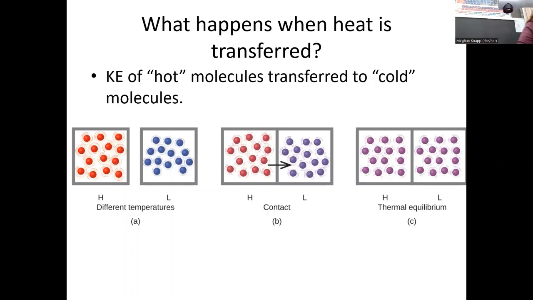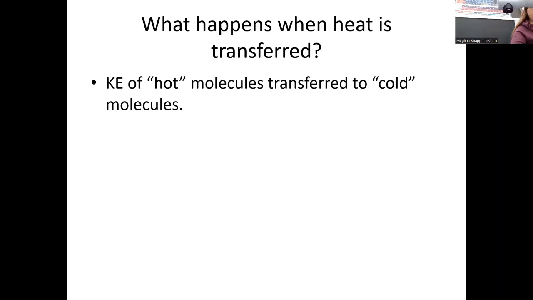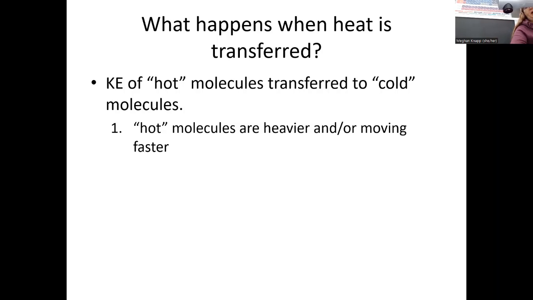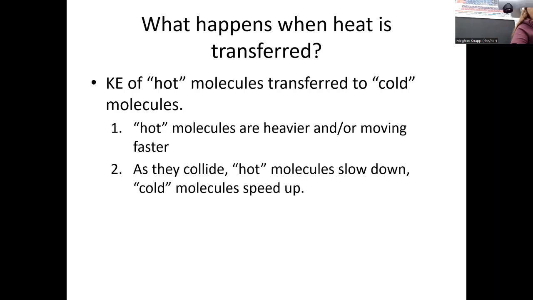All right, so that's visually what it looks like. First, the hot molecules are either heavier or moving faster. That's what gives them more kinetic energy. And as they collide, the hot molecules are slowing down and the cold molecules are speeding up.